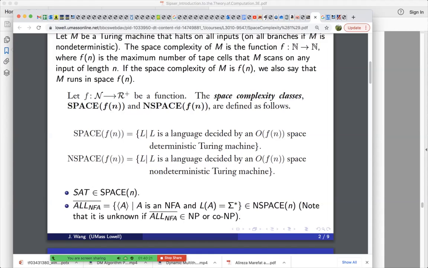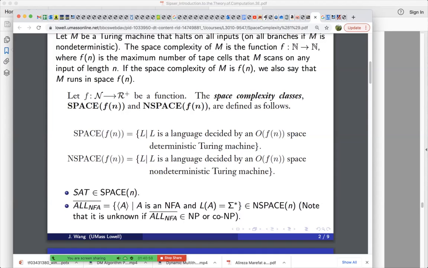The reason is, let's say we have n variables. We can enumerate all the truth assignments in linear space, one at a time. Because you only have n variables, a truth assignment is just setting each one true, which is one, or false, which is zero. So you can use that space to enumerate all possible truth assignments.